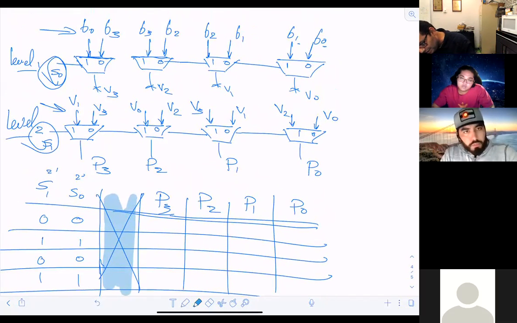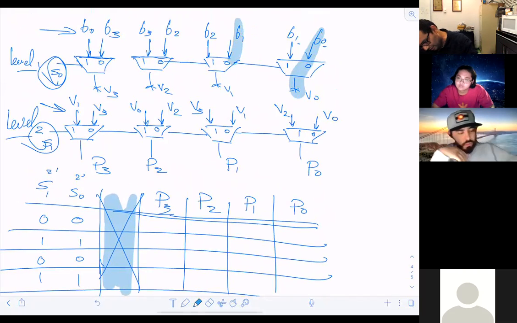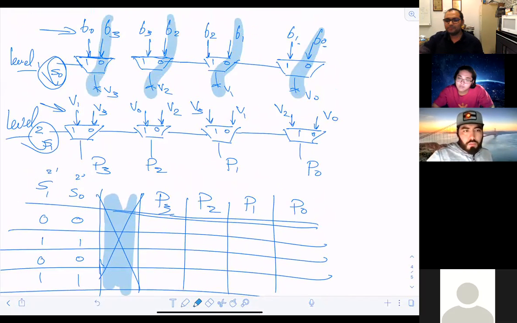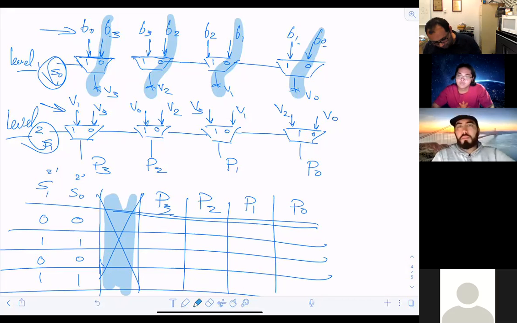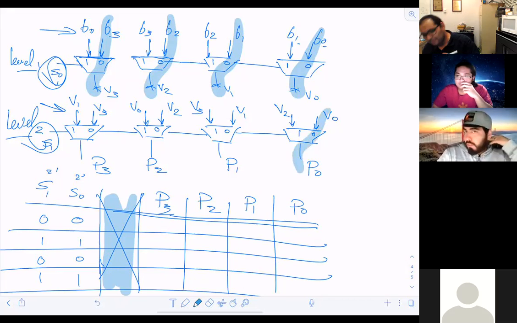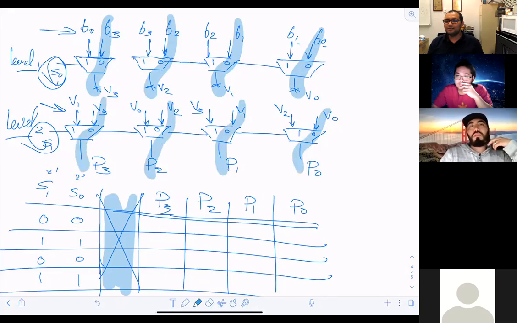So if this is 0, that means that will be 0, like this, right? So that can be like this. It can be like this. That makes sense? P0 will be what? It can be like this. Like this. Like this.